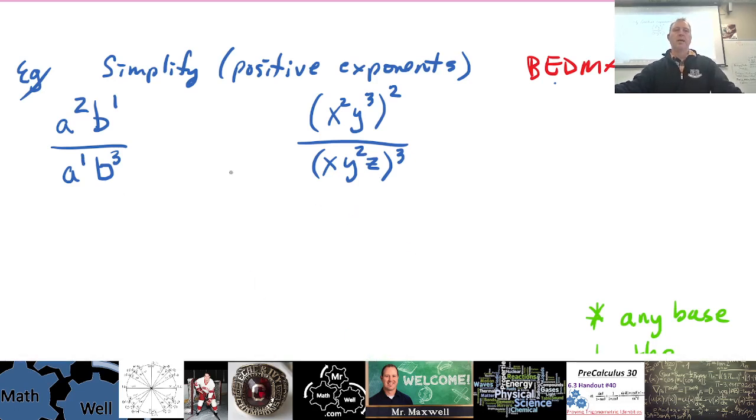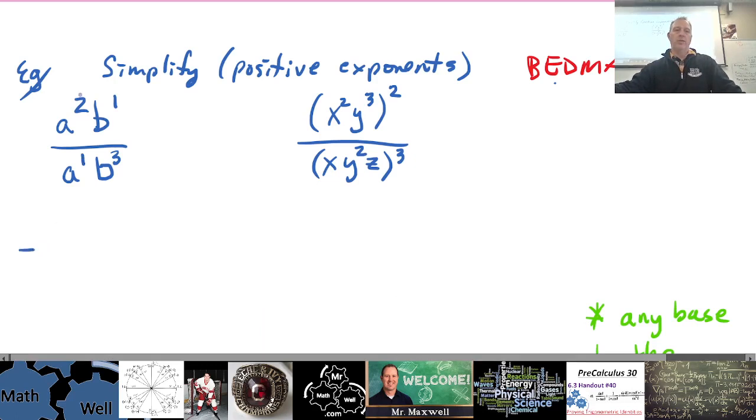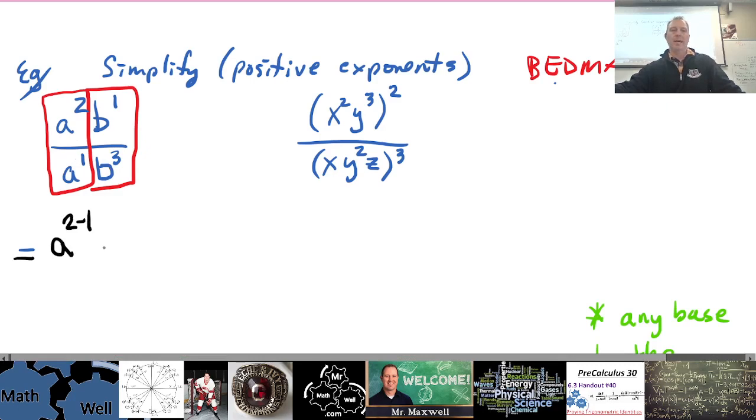Excuse me. So what we do here is we focus on the a parts right here, and we focus separately on the b factors here. So this is going to be a to the 2 minus 1, because that's the quotient rule. And then times b to the, watch this, 1 minus 3.